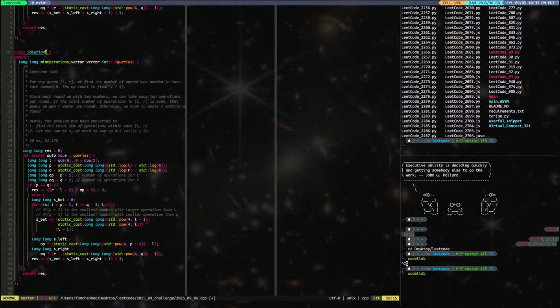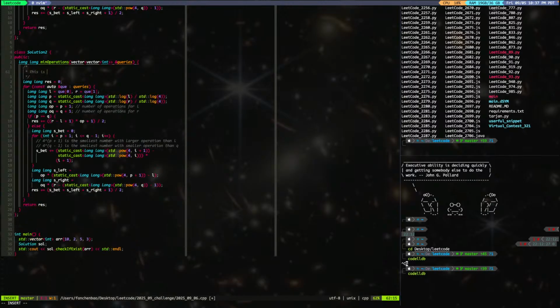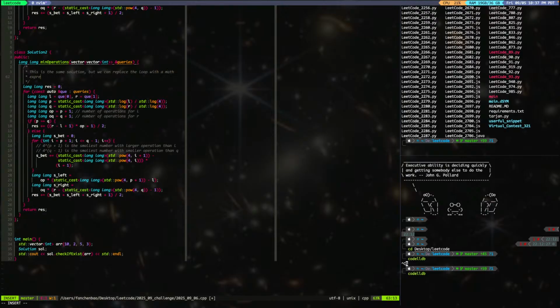So this is the same solution, but we can replace the loop with a math expression.